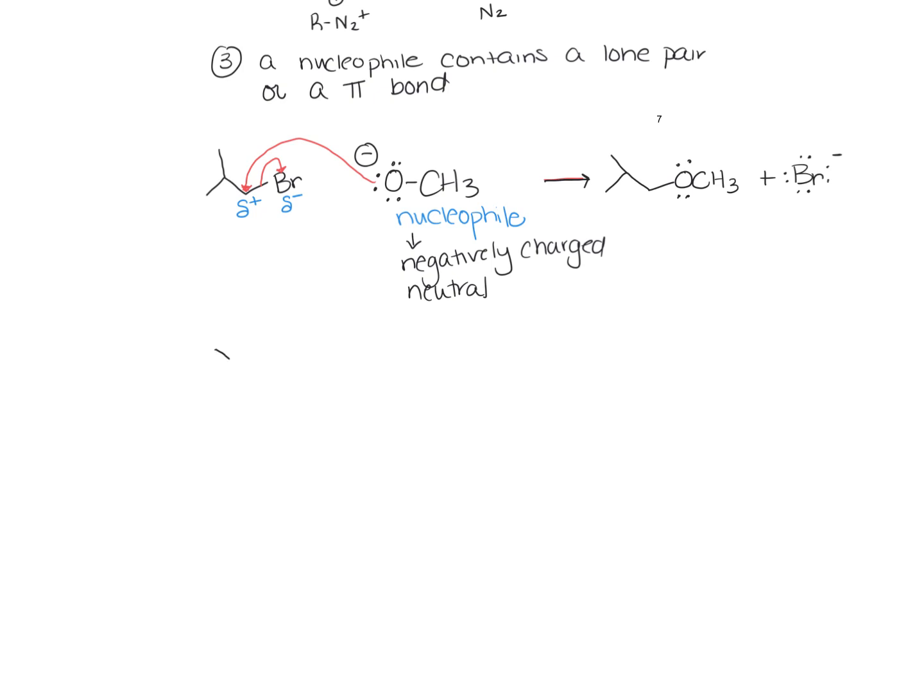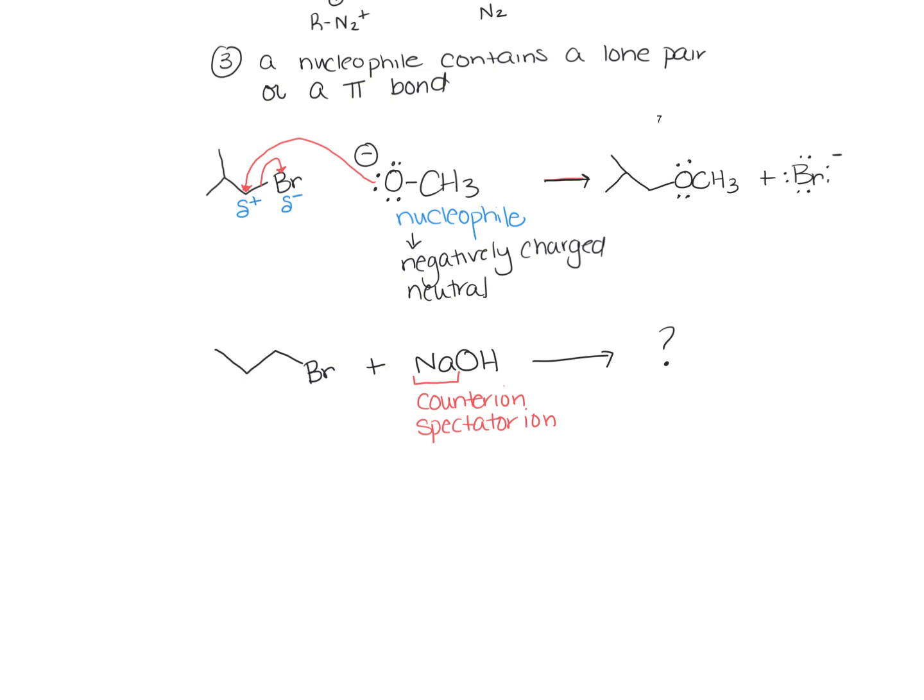So what you'll see is something along the lines of this, where there'd be a problem like this. And so what you have to do is recognize that's a counter ion. It's like a spectator ion. It is not going to participate in this mechanism.